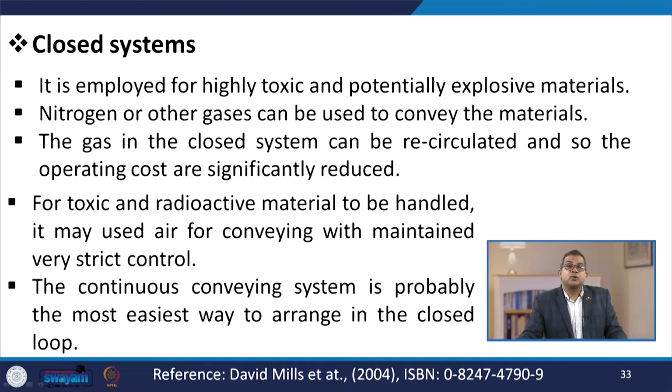Let us talk about the closed system. Now, it is employed for highly toxic and potentially explosive materials. So, this is one of the added benefits. Nitrogen or other gases can be used to convey the materials. The gas in a closed system can be recirculated, and so the operating costs are significantly reduced.